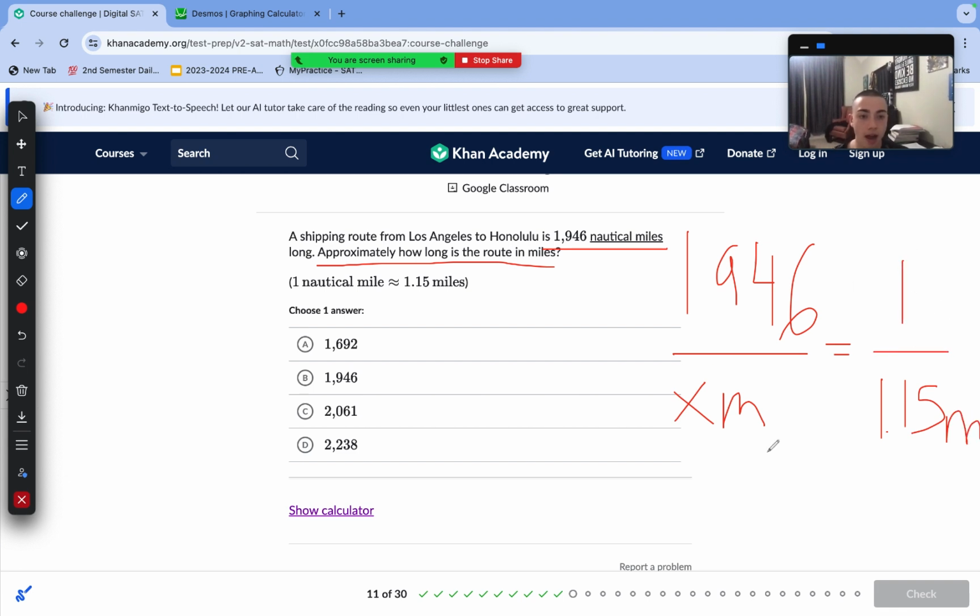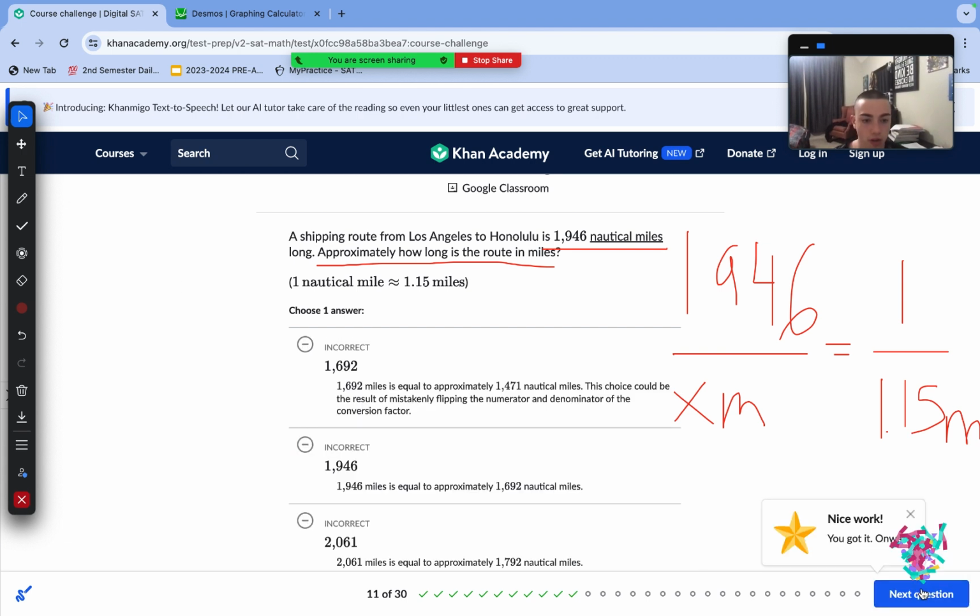Now we can multiply. We're going to do 1.15 times 1,946. That is equal to 2,237.9, which is approximately answer choice D.